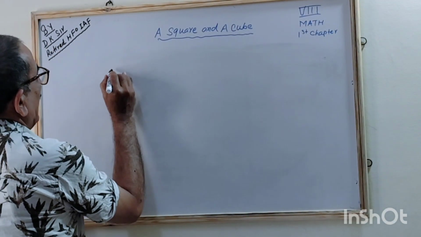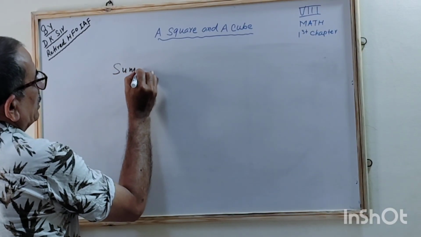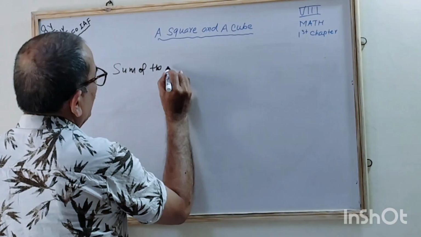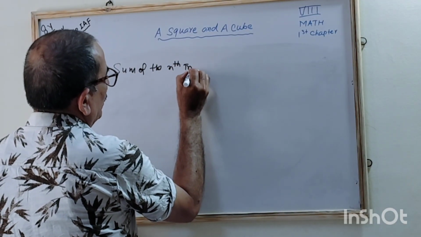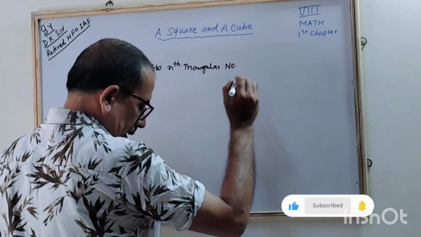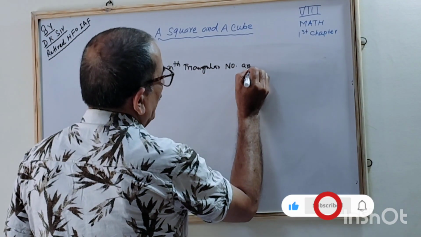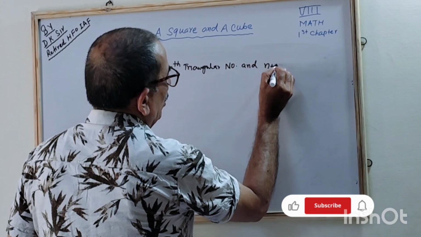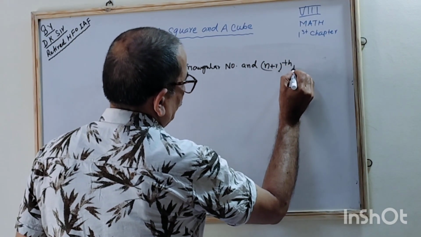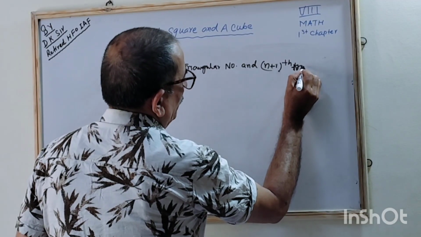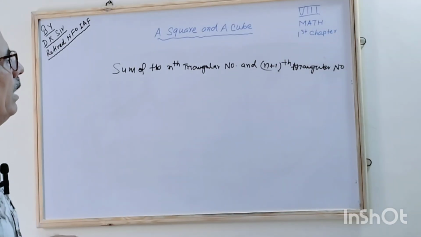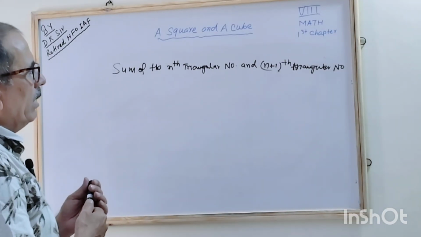Suppose the question is asked, find the sum of the nth triangular number and the consecutive, that is the n plus 1th, triangular number. The sum of the nth triangular number and the n plus 1th triangular number, correct?